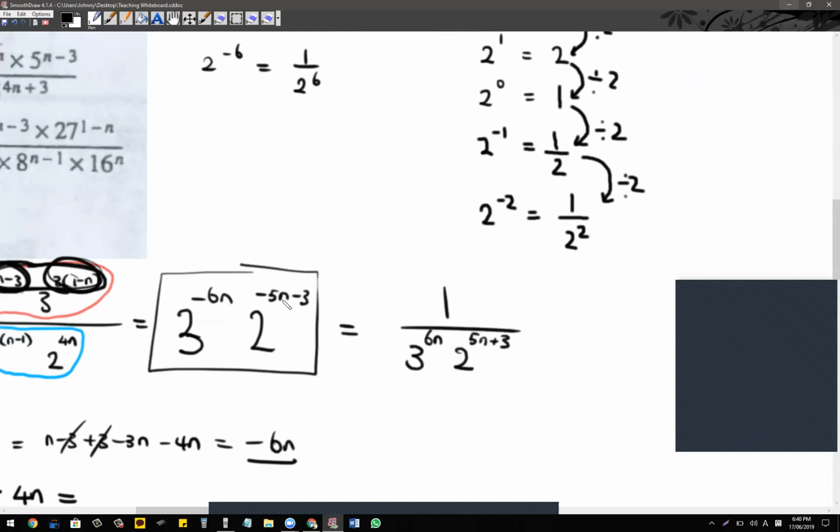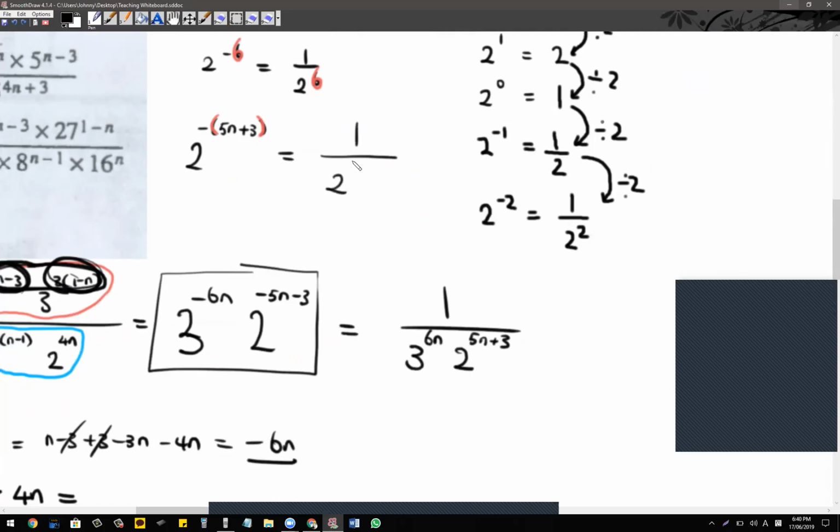If you have 2 to the power of negative 5n minus 3, you can see that 2 to the power of minus 5n plus minus 3 is the same as negative (5n plus 3) with a bracket there. So you can change that to 1 over 2 to the power of, whatever is this number goes over here.